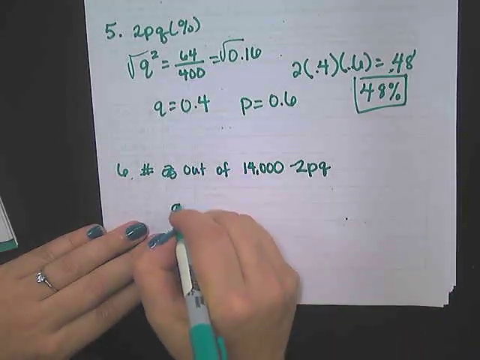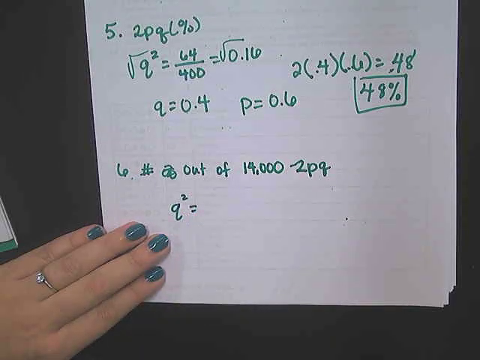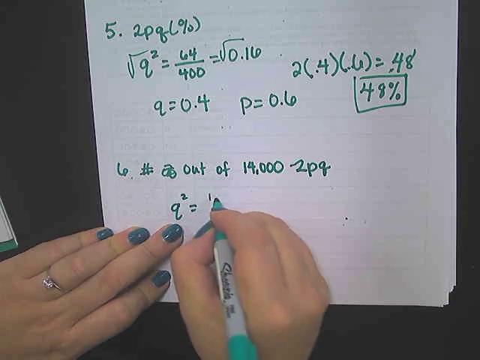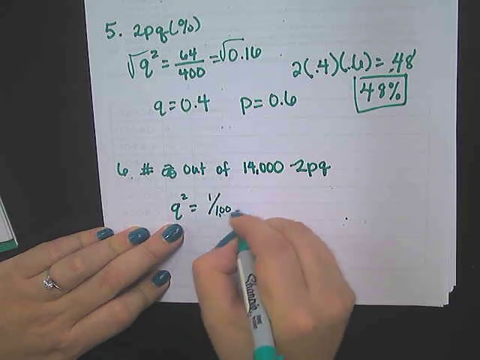So they gave you the frequency of the recessive genotype, the homozygous recessive genotype is 1 out of a million.